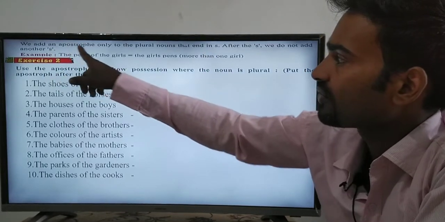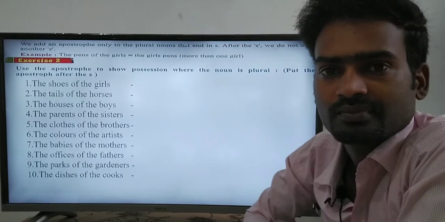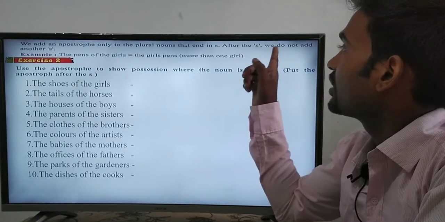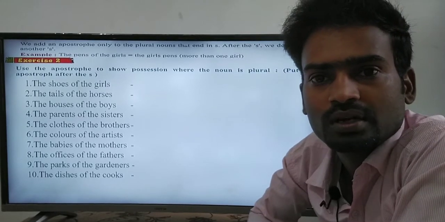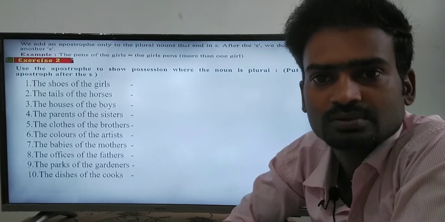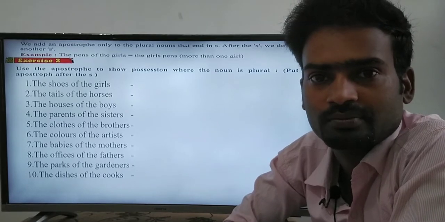We add an apostrophe only to the plural nouns that end in s. After the s, we do not add another s. If the plural noun ends in s, we should not add one more s. So simply we add an apostrophe to make it a possessive form, right?